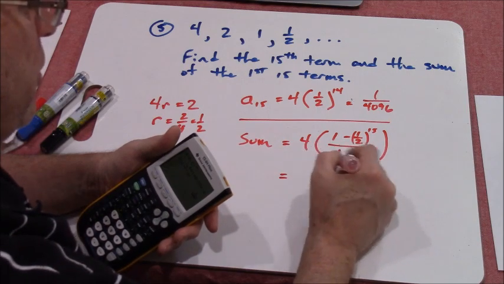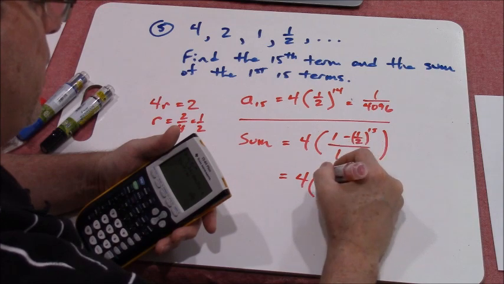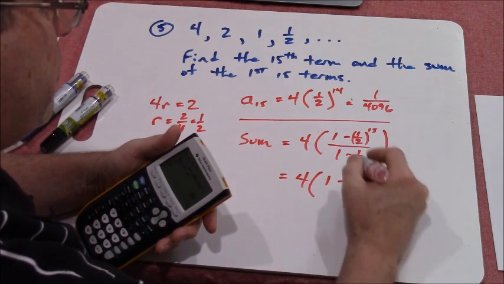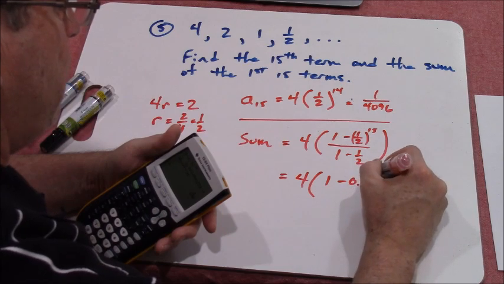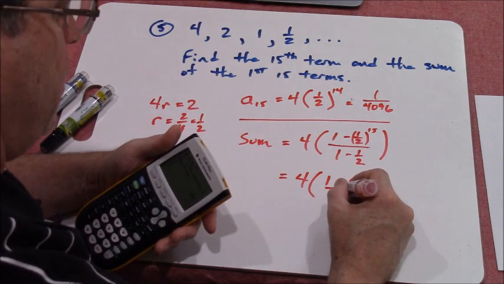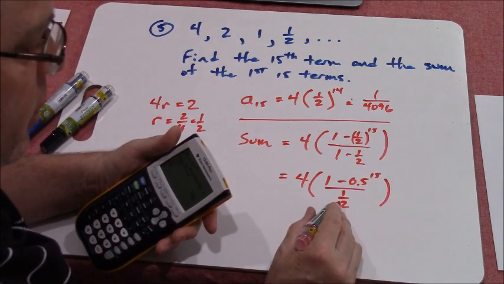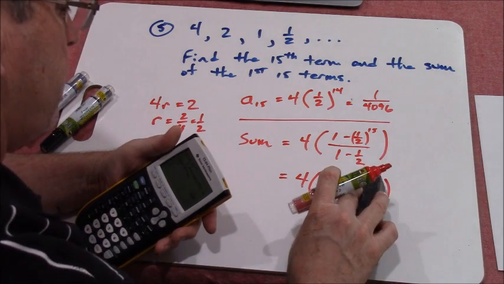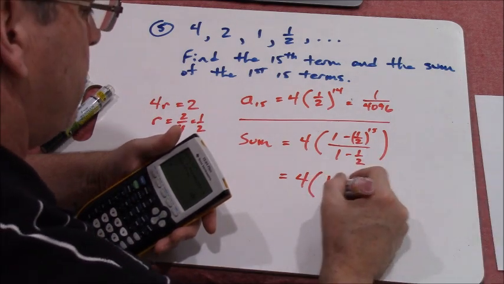So let's see, I'm just going to do this denominator real quick. 1 minus 1/2 would be 1/2. Or I could call that 0.5. Might make it a little easier to punch into the calculator.